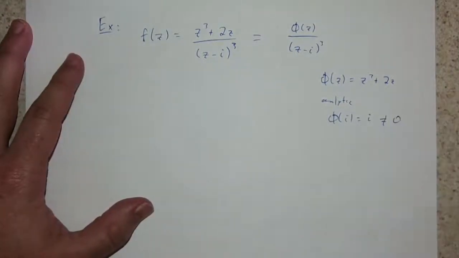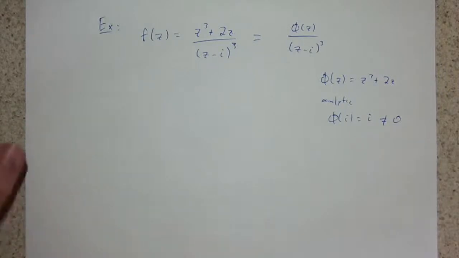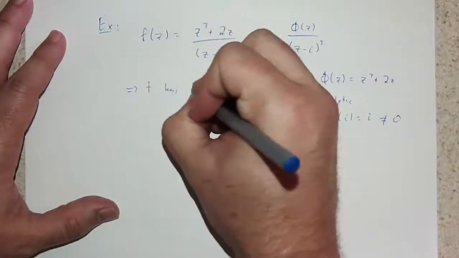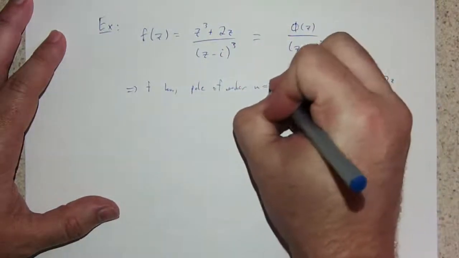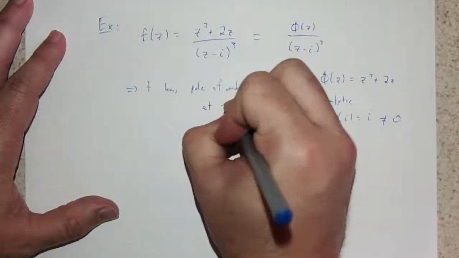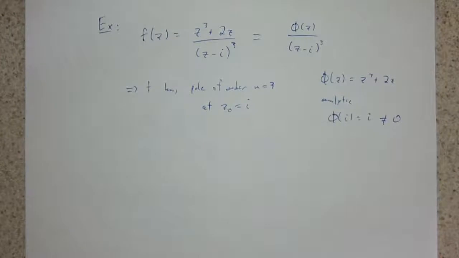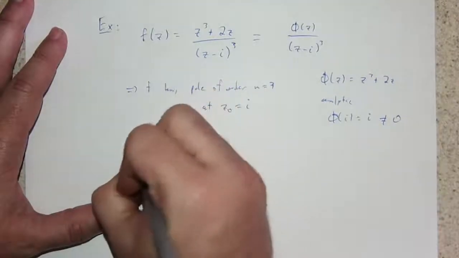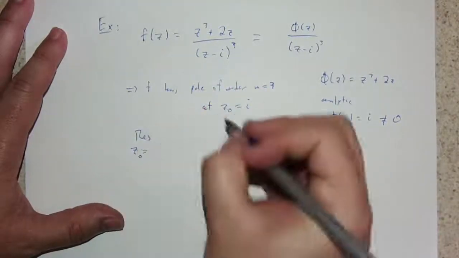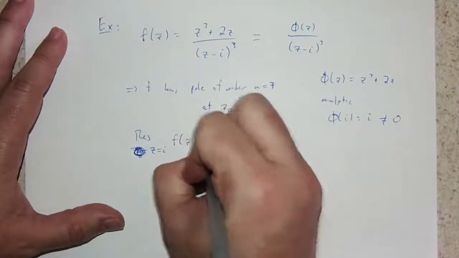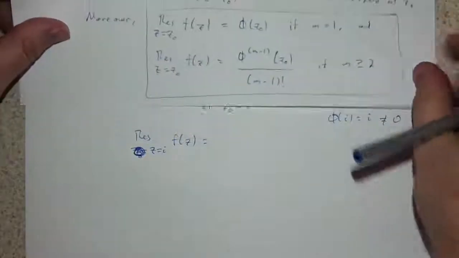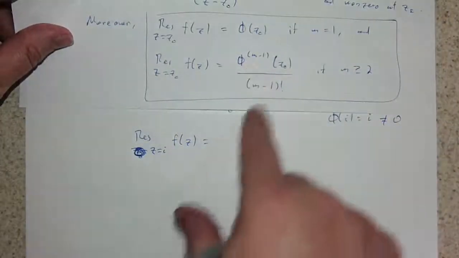So that's non-zero. It's analytic and non-zero, so what does this mean? f has a pole of order m equals 3 at z naught equals i. And then the residue of f at z equals i is, by this formula, since here m is 3, the second derivative of phi evaluated at the z naught in question over m minus 1 factorial.